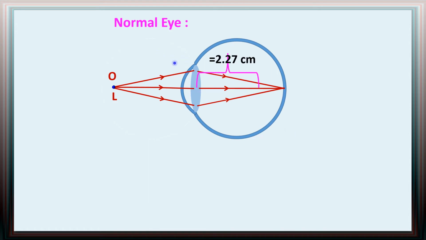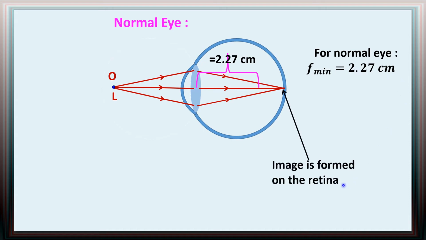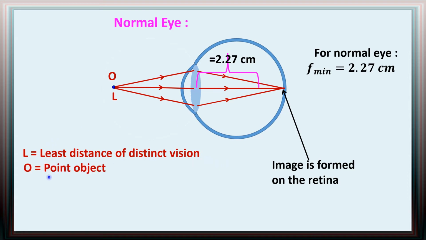In this case, the minimum focal length is exactly 2.27 centimeters somewhere here. So for the normal eye, F minimum equals 2.27 centimeters, and the image is formed on the retina. Here L is the least distance of distinct vision point and O is the point object.